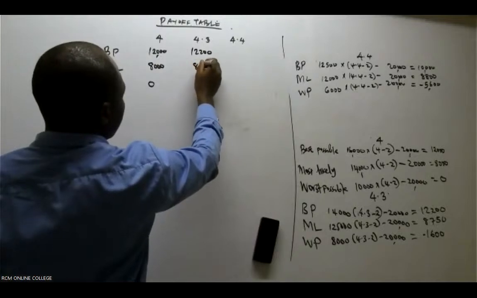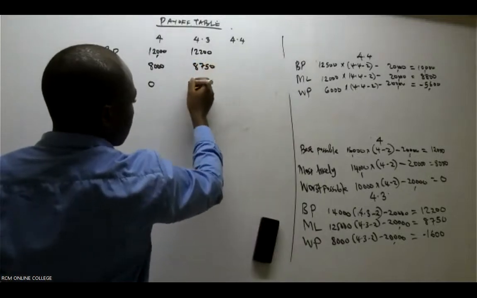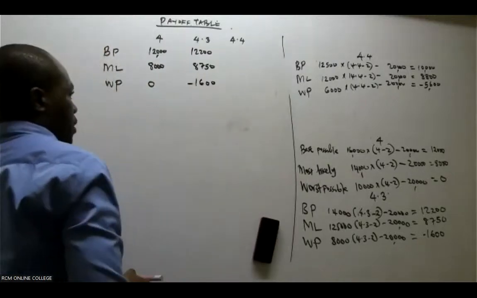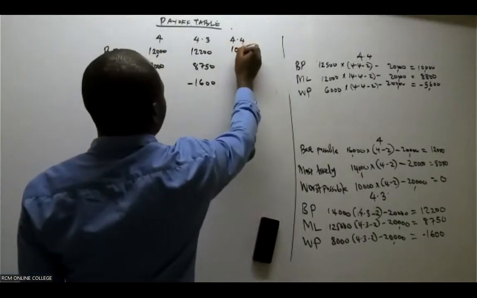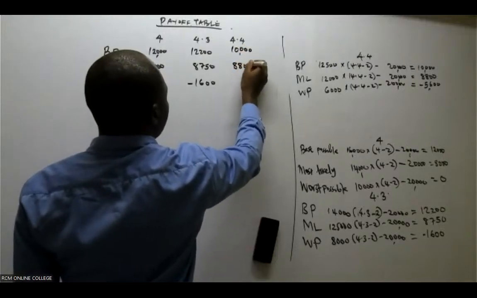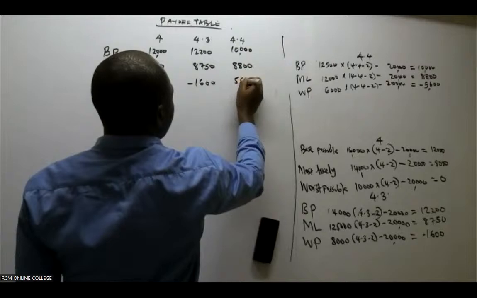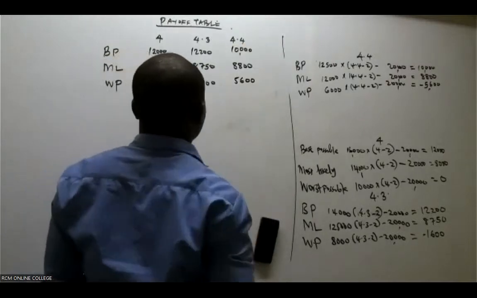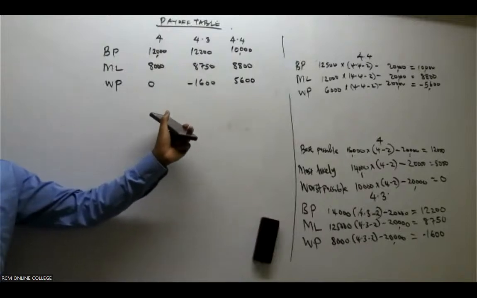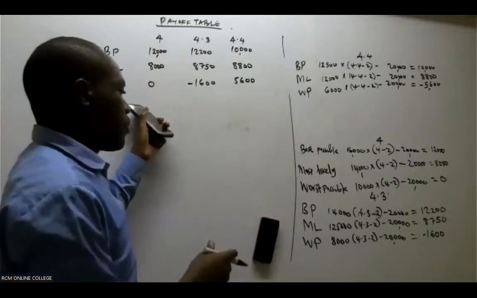We have 8,750. We have 1,600. Then we have 10,000. We have 8,800. We have 5,600. So this is the payoff table. This is the payoff table that you are required to come up with.